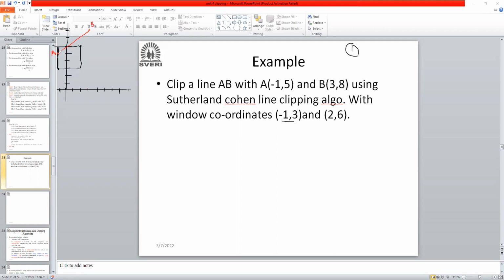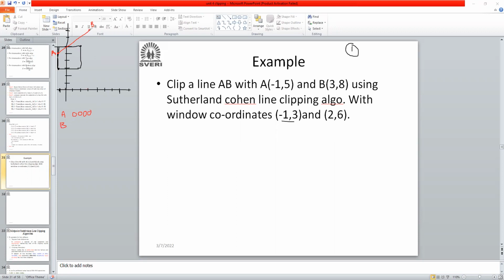A is lying on the border of the window, and that's why it has exactly the X value same as that of your X minimum, and that's why this A has end code 0000. It is considered an inside point. Now what about B?